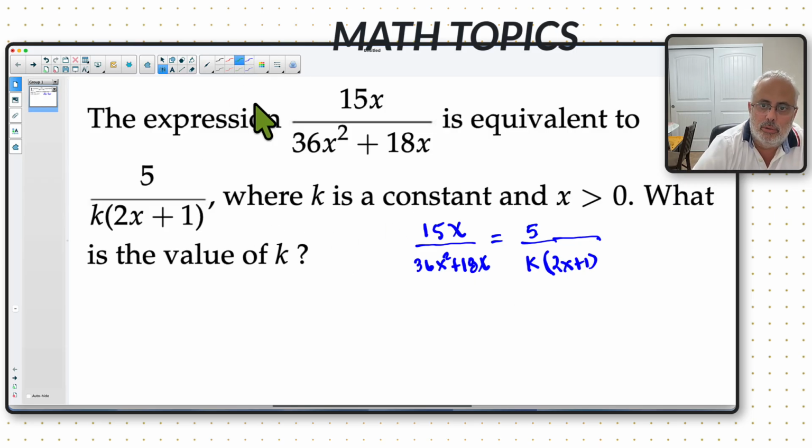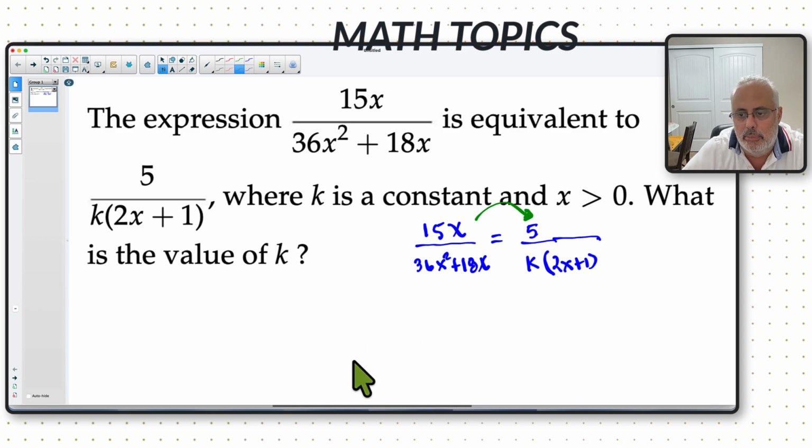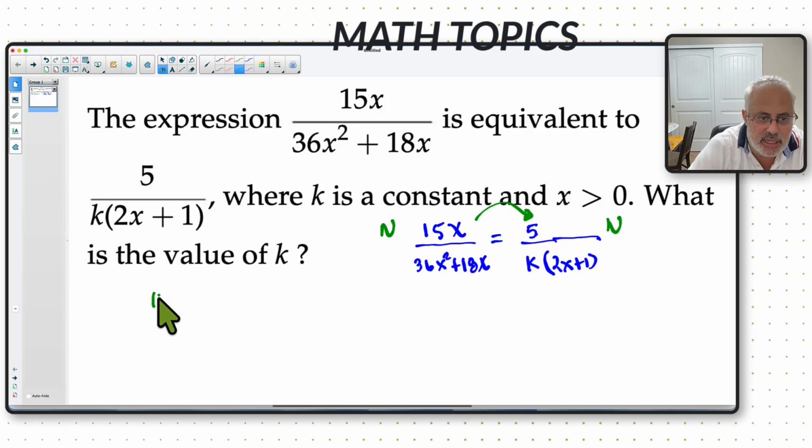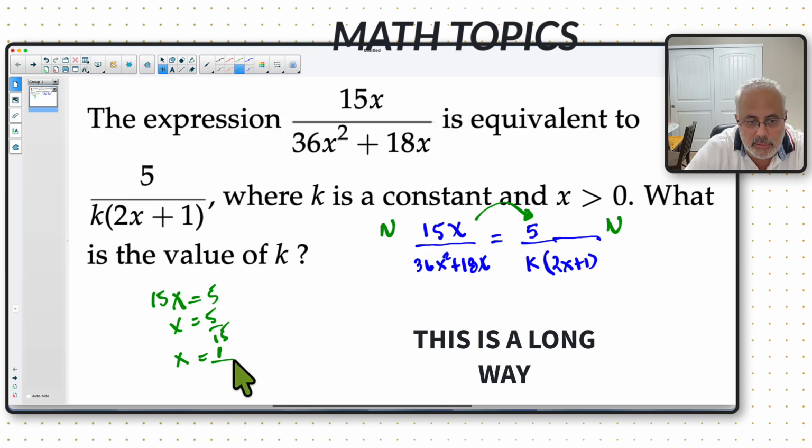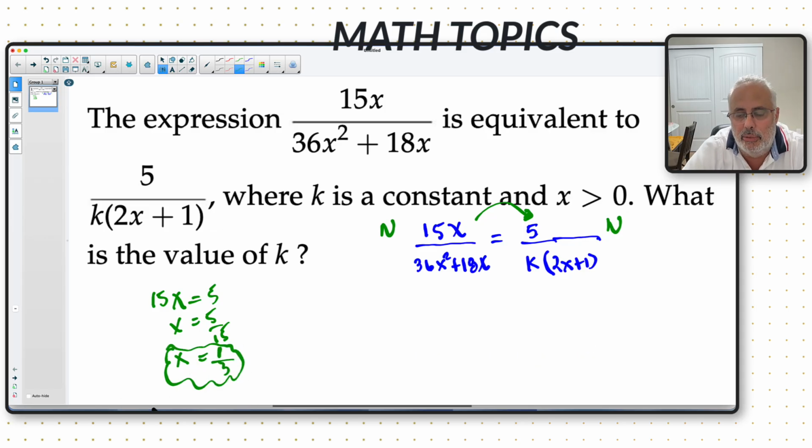Right here, I have the first value for x, because I know that the numerator here is equal to the numerator here. So I can say that 15x is equal to 5, x is equal to 5 over 15, x is equal to 1 over 3. That's it. I found the x value.